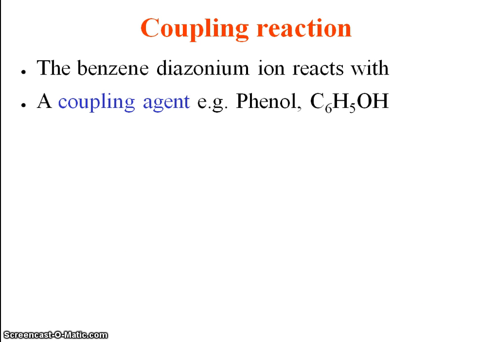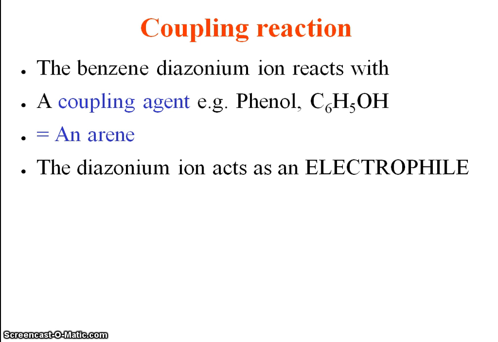So the coupling reaction, now that we produce the benzene diazonium ion, it reacts with what's known as a coupling agent, something like phenol, something that has the arene group. So phenol is an arene, it's got the benzene ring and the OH group.